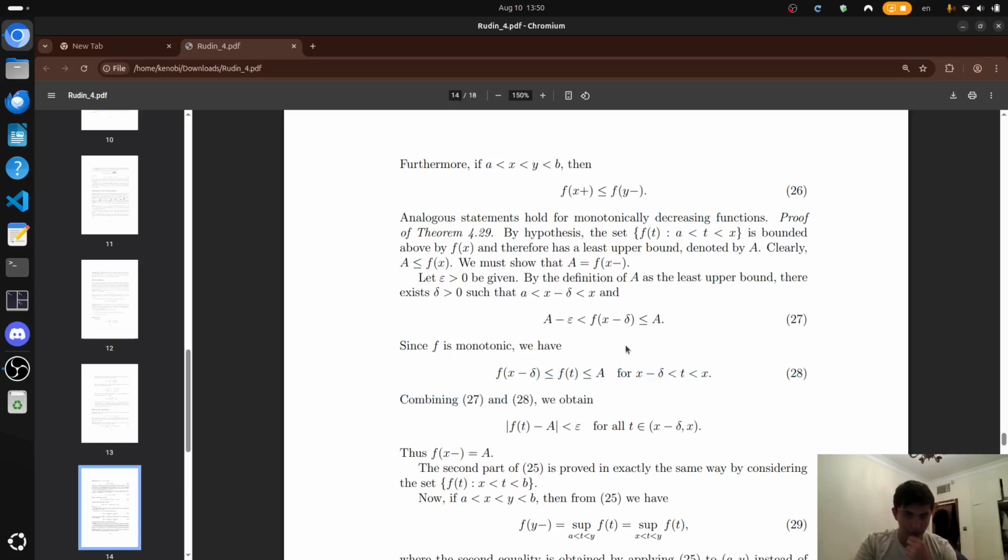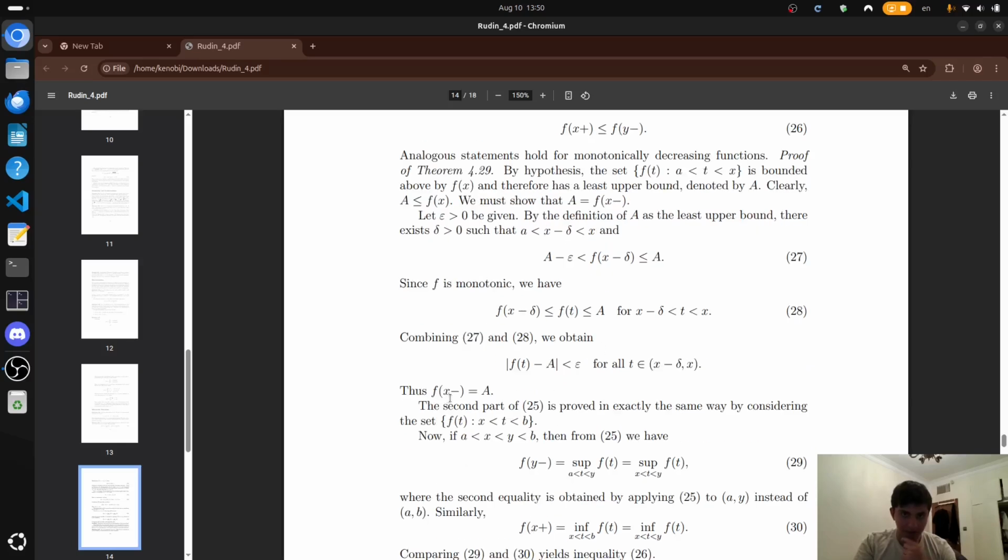So you can just subtract A on each side over here. You're going to get that f(x minus delta) minus A is less than epsilon. Since it is less than epsilon, and you're subtracting A from it, it's also going to be less than epsilon.